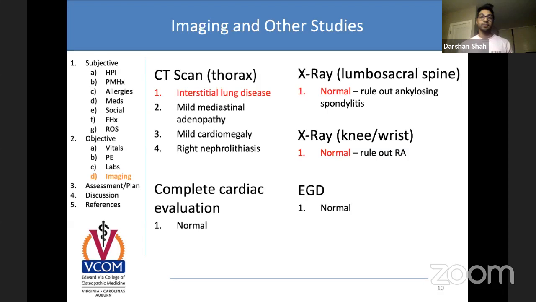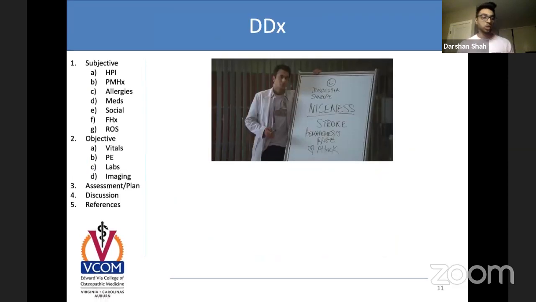I'll let you look these things up because of time, but it was normal. And then the x-ray of the knee and wrist, because we want to rule out rheumatoid arthritis because the interphalangeal joints were swollen, and those were normal as well. And then we did an EGD, which is pretty much just a scope down his mouth, and that was also normal.